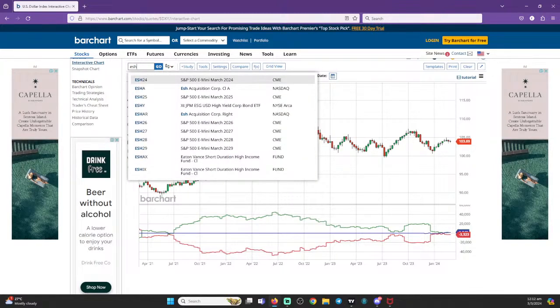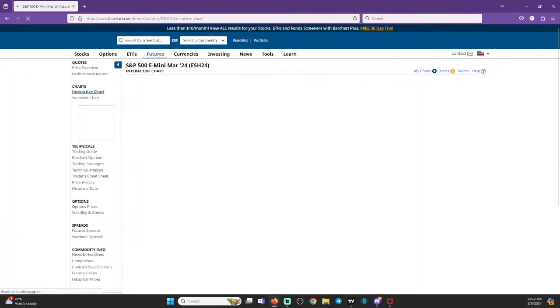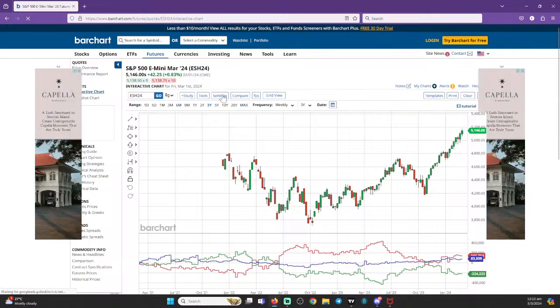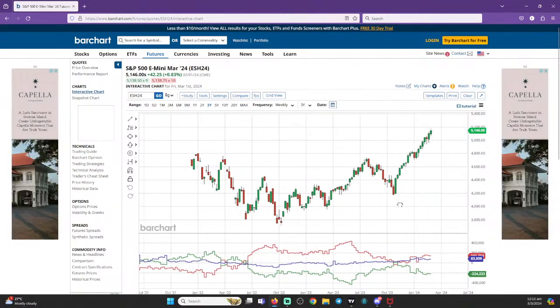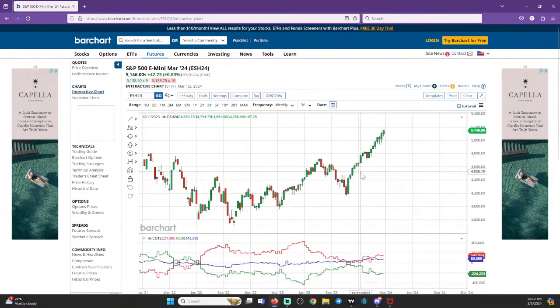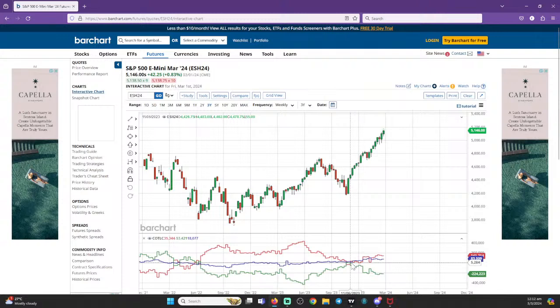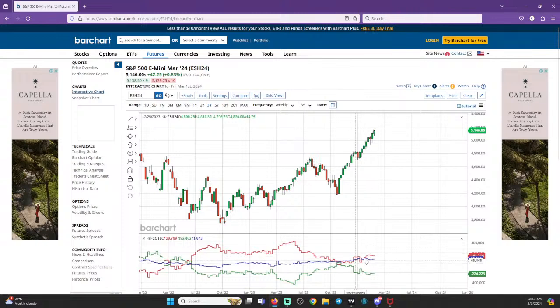Alright, currently we are in the March contract. So for ES, right now we have this level here, and they are basically neutral but towards the long side, so they are starting to accumulate longs up here.